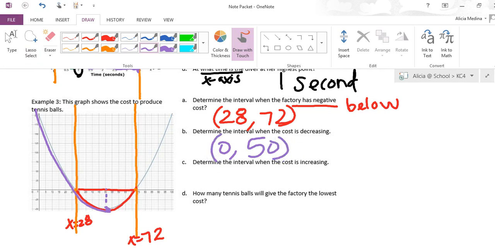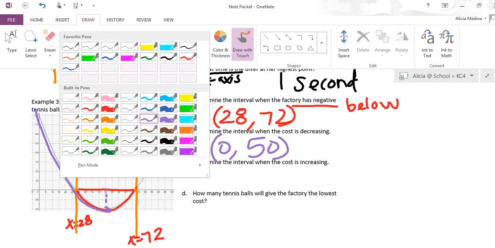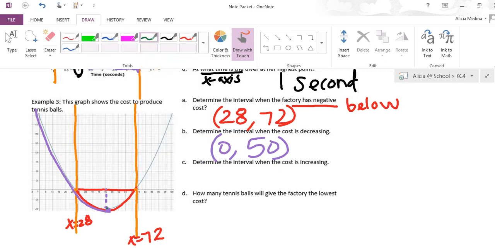Where is the interval increasing? This is where it's going up, from that same vertex point all the way up here. So that's going to be from 50 until 100. Remember, this is real world context, so this point is stopping at this value down here.